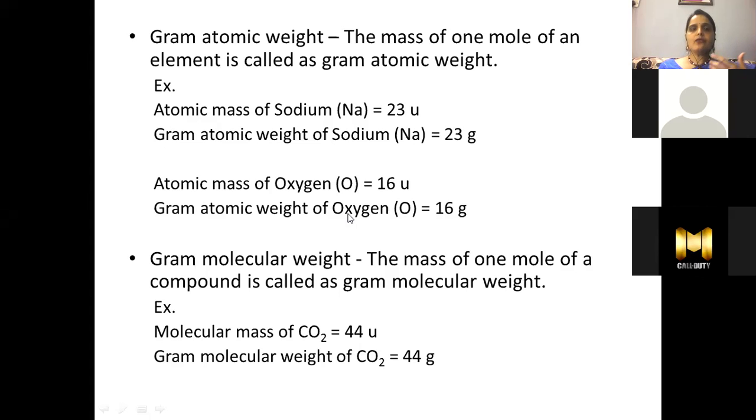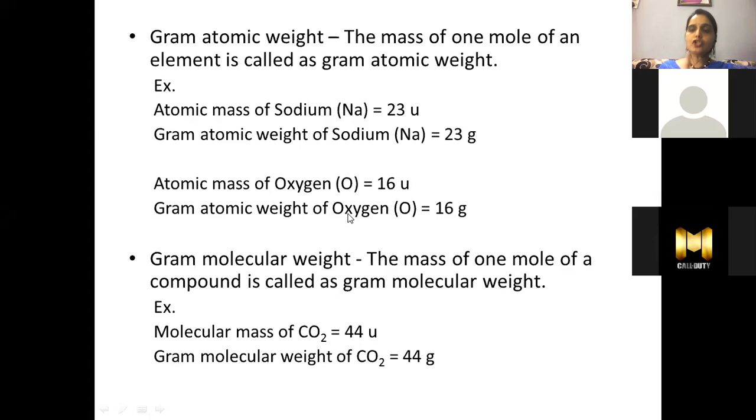So when we have to figure out its gram atomic weight, how do we write it? Gram atomic weight of sodium is 23 gram. Whatever its atomic mass is, we simply write the number as it is, and the unit is gram. Whenever we talk about atomic mass, the unit is U, unified mass.